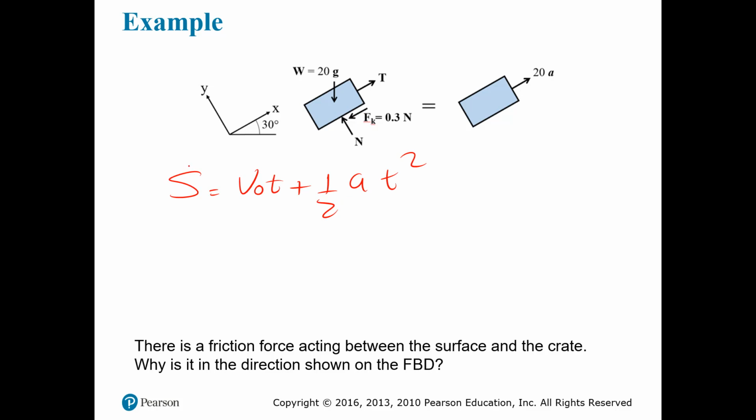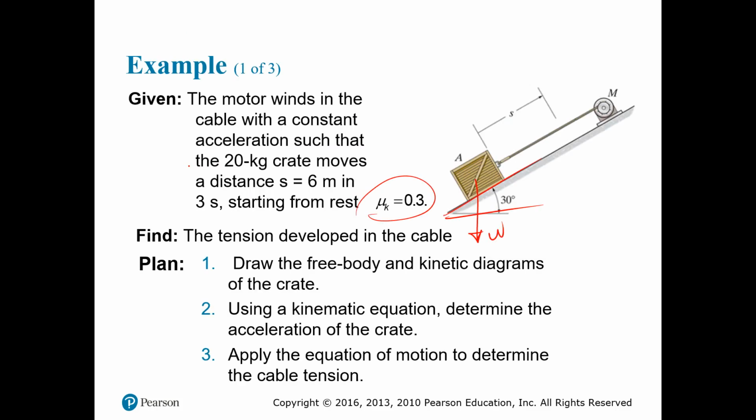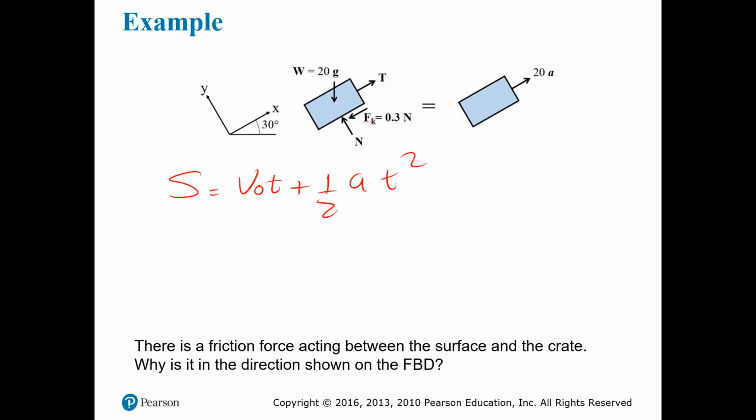And I know, because in the statement of the exercise they were telling you that it started from rest, that your v0 is 0 and your initial position is also 0, but they're telling you that the final position is 6, and that t is equal to 3. So I can easily find the acceleration, because I will plug these values in.